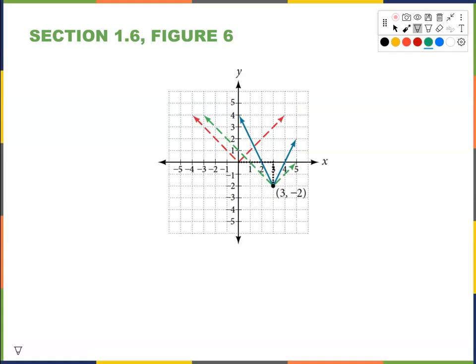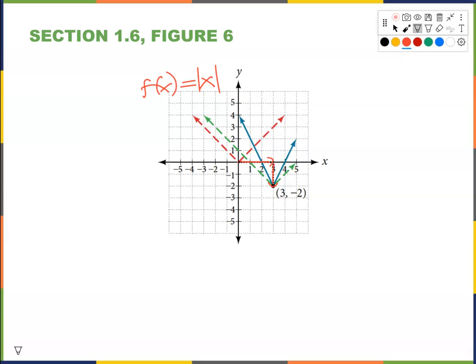So it looks like from here, which is your f(x), the red one, equal to the absolute value of x, you move it 3 to the right and down 2. So that's why you have (3, -2) here as your corner point. So again, you move this graph from the origin (0, 0) 3 to the right and down 2.